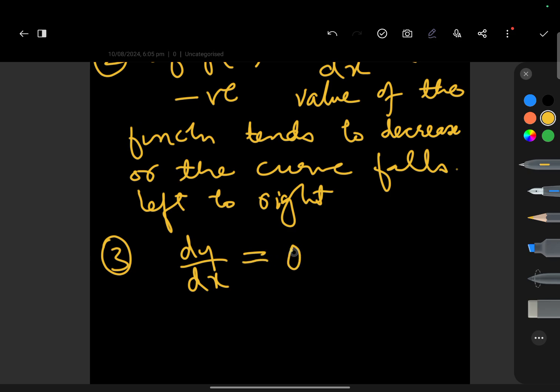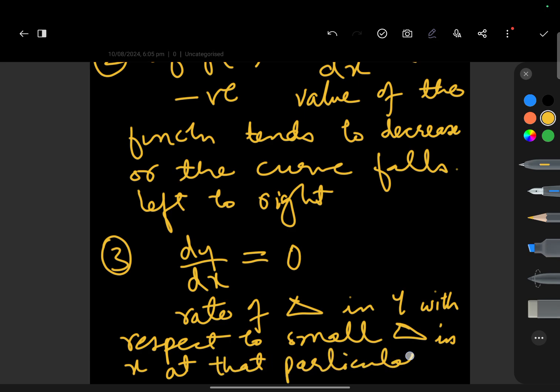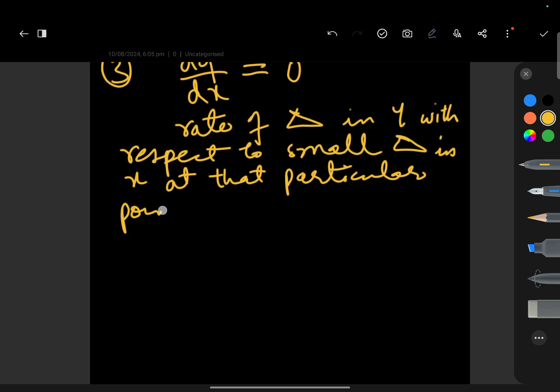If it is equal to 0, neither less than nor greater than, then at that particular point the rate of change in y with respect to a small change in x is 0. So there is no change.